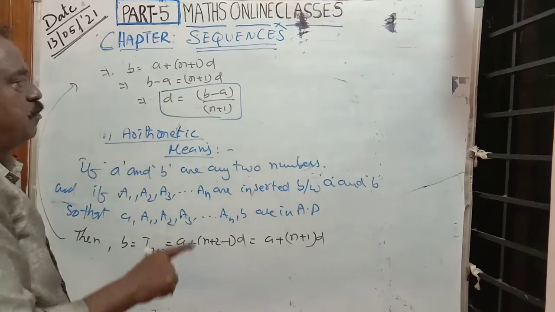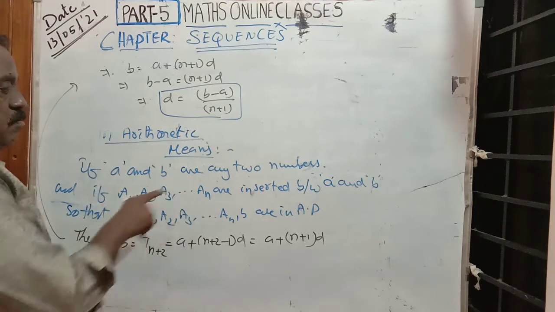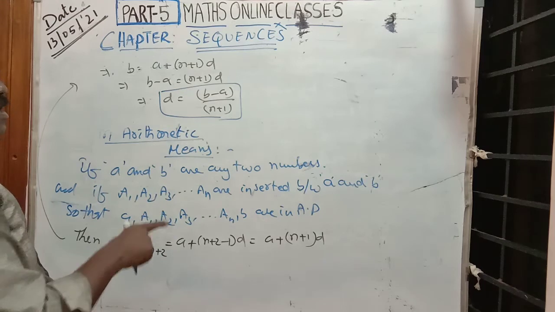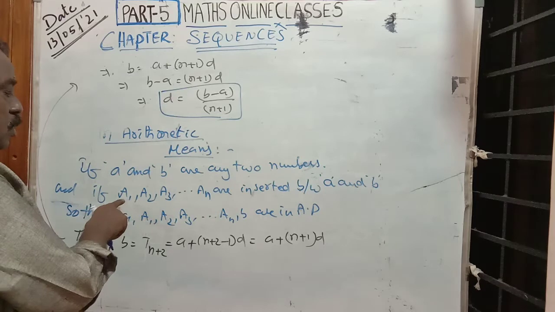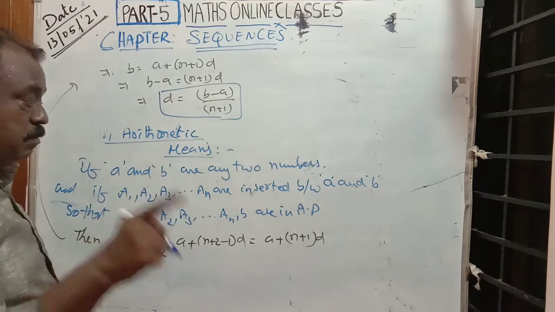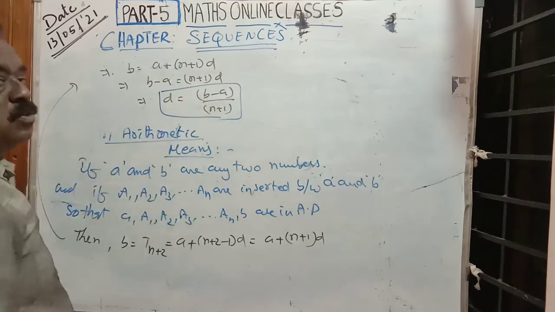It is a constant. If we are asked to insert 10 AMs, here it is 10 plus 1. If asked to insert 20 arithmetic means, that is here 20 plus 1, 21.